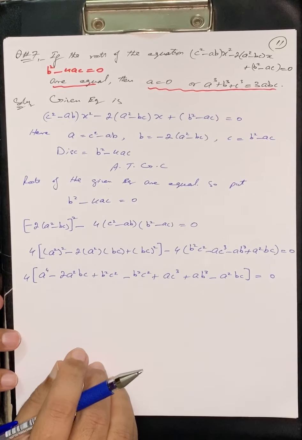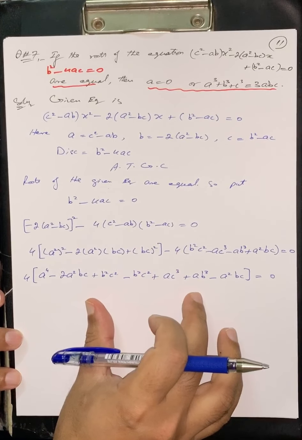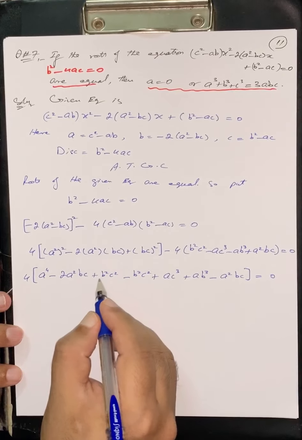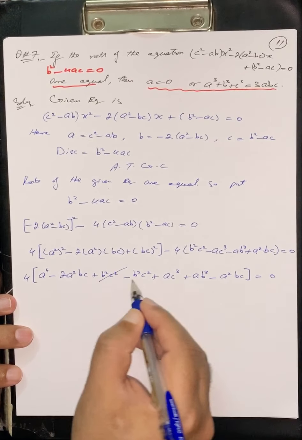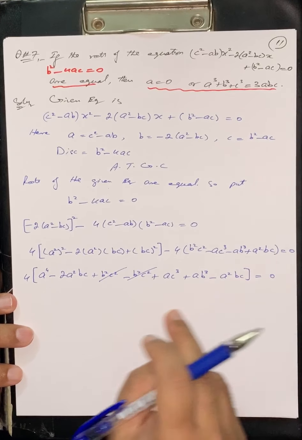As I told you in the previous questions, whenever you take one thing common, one value must cancel. So let me check what cancels. Here we have b square c square minus b square c square, they cancel. When you bring 4 to the right hand side, 0 divided by 4 gives answer 0.